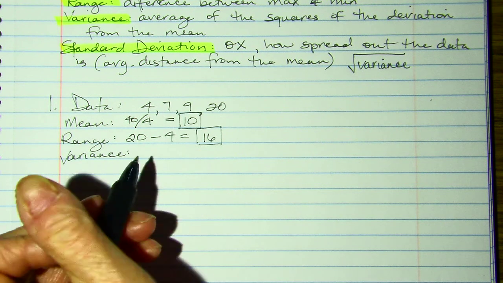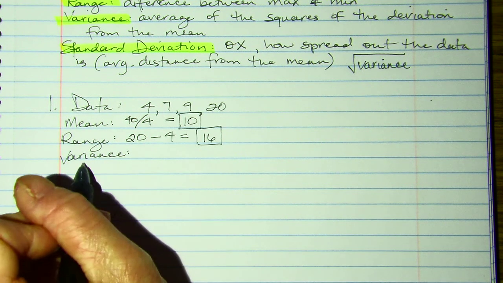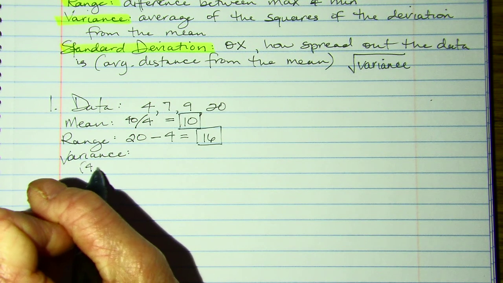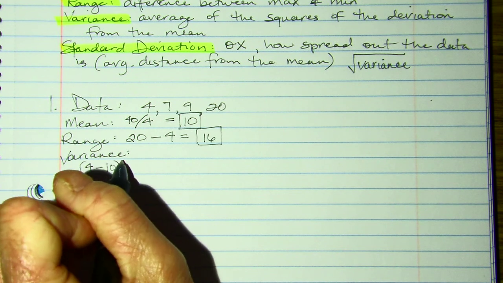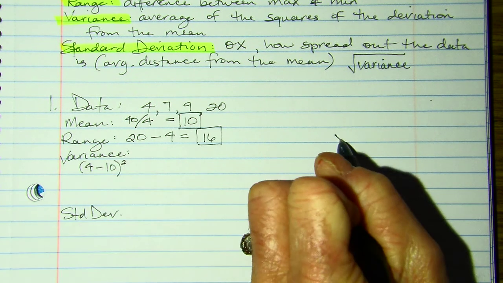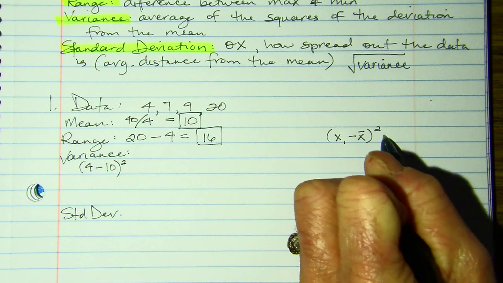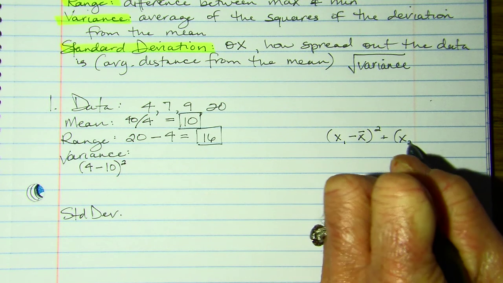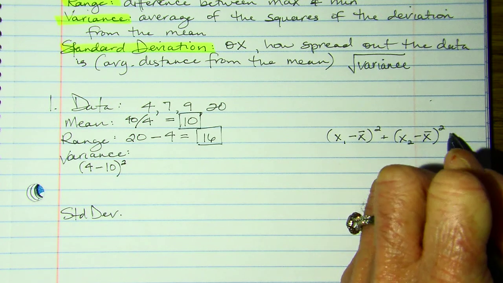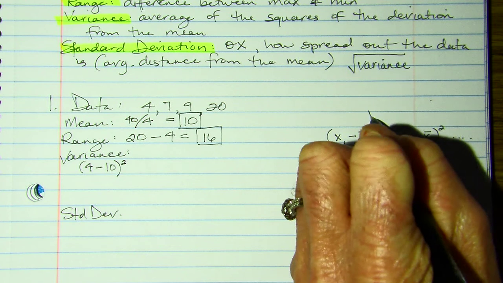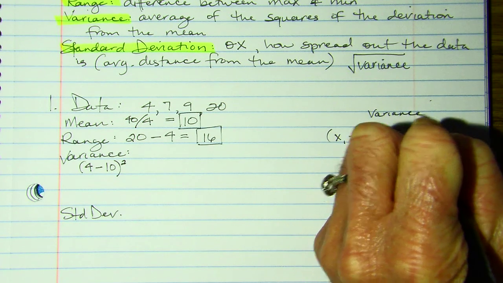Variance. So variance, you're going to take each data point and subtract the mean. So it should look like x minus the mean squared plus the next data point minus your mean squared, and so forth. So this is for variance. It's also in the book.